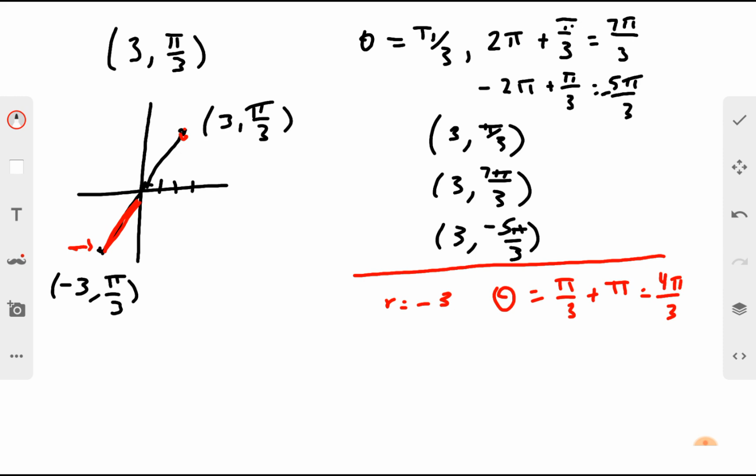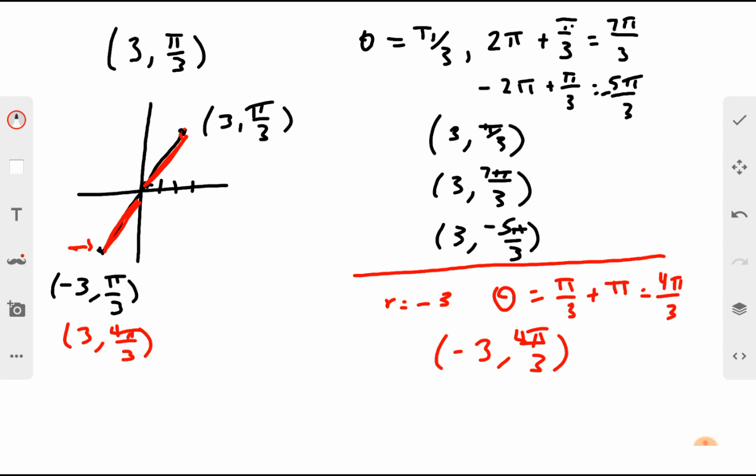So this point is the same as (3, 4 pi over 3). See how that works? Negative 3, positive 3, and then you add 180. But that's not the one that we want. We want this one over here. So we want (negative 3, 4 pi over 3).